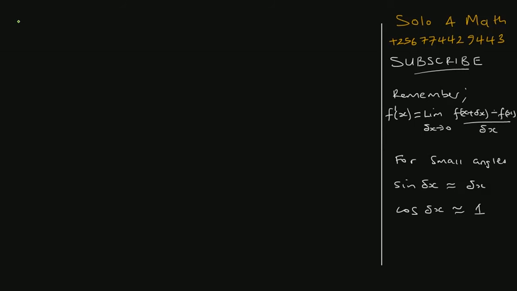If our function is cos x, then of course we find the function of x plus small change in x, which is equal to cos (x plus dx). Okay, so we substitute in our formula.